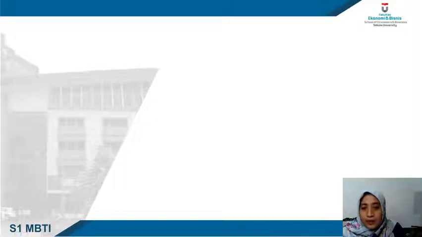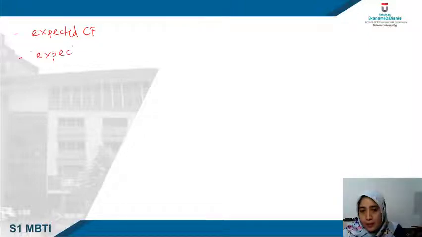First of all, I have explained about the expected cash flows, and second one is the expected rate of return, with the symbol like this, CF bar or X bar.